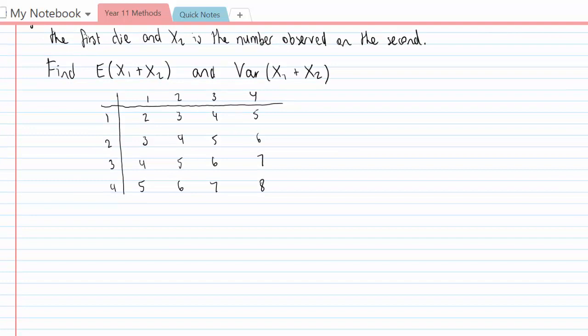So I can create a probability distribution table here. So if I go x1 plus x2 and their associated probabilities. So to write this, I'm just going to call this x, and so I can say then the probability that X equals x.